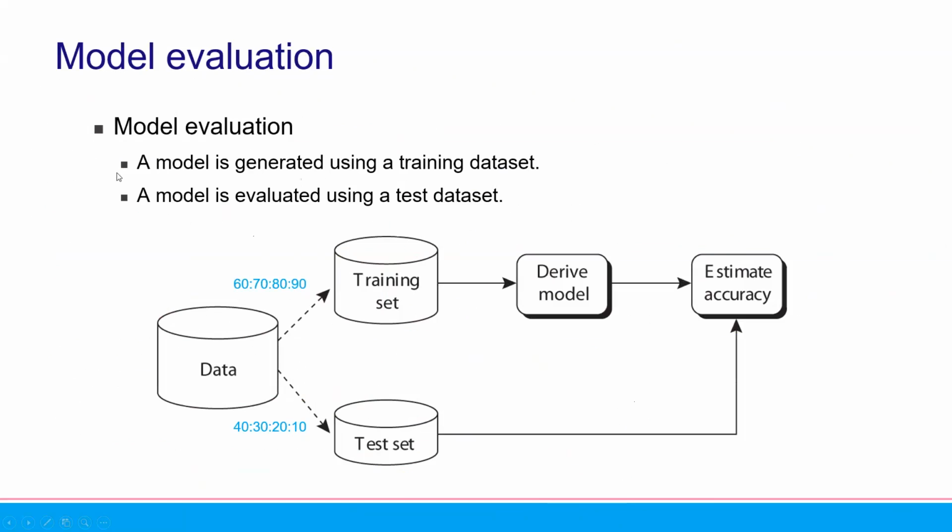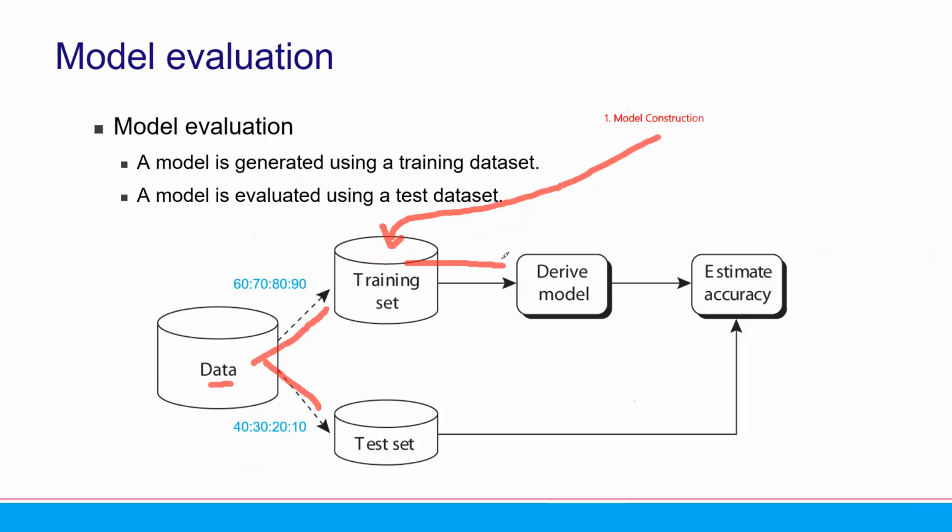Now, when we have the model, we need to check the model. You still remember in the classification, we have two processes. The first is model construction. The model construction means we use the data and split it into a training set and a testing set.